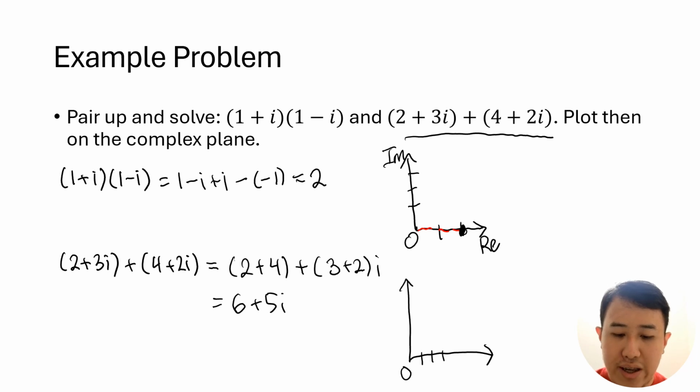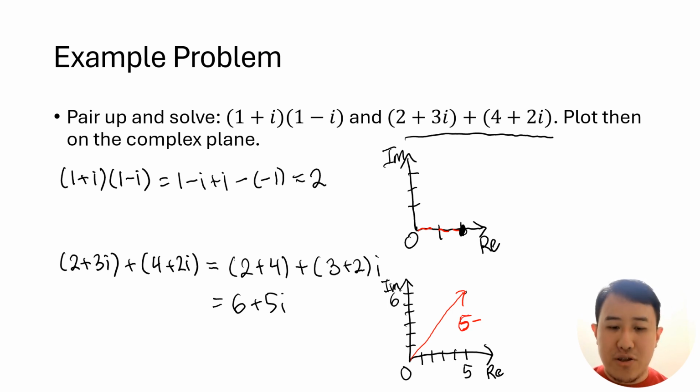We make sure it has a value 5 on the real part and has a value of 6 as the imaginary part. So we pull this line, and here we get it. It's 5, 6.